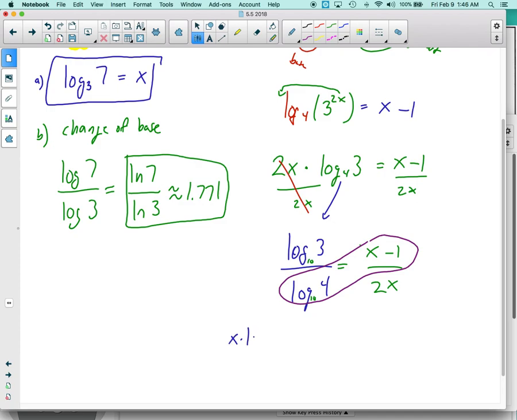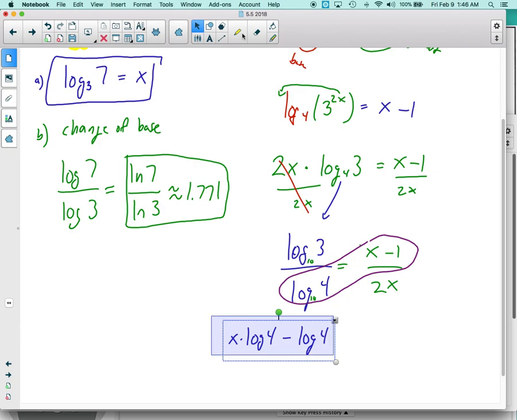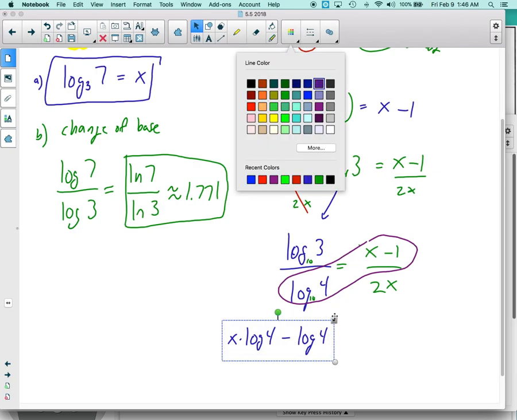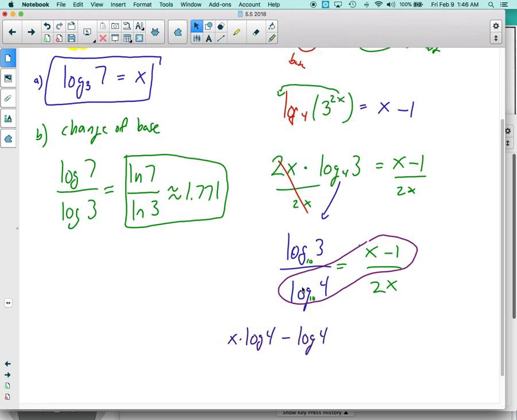So that would be x times log of 4 minus log of 4. And that's equal to, with the other cross multiplying, 2x times log of 3.